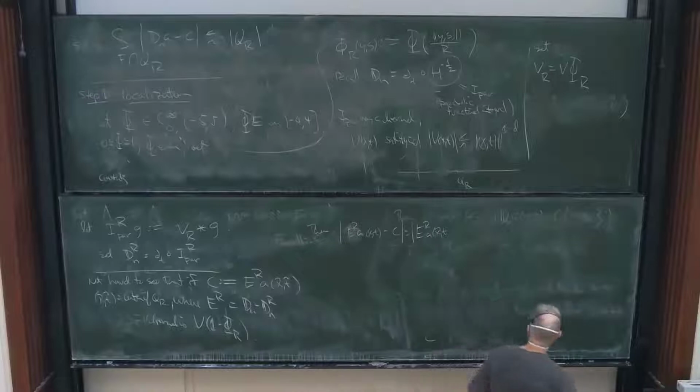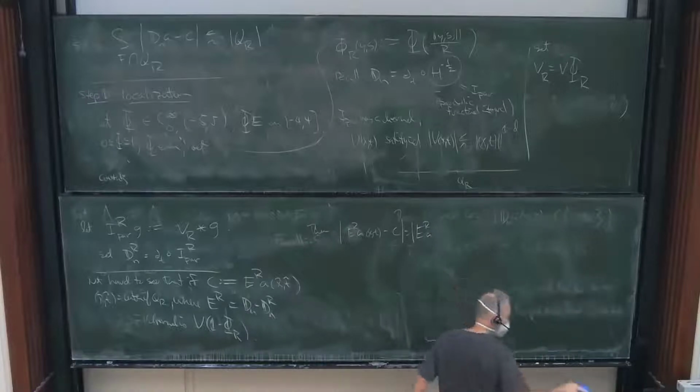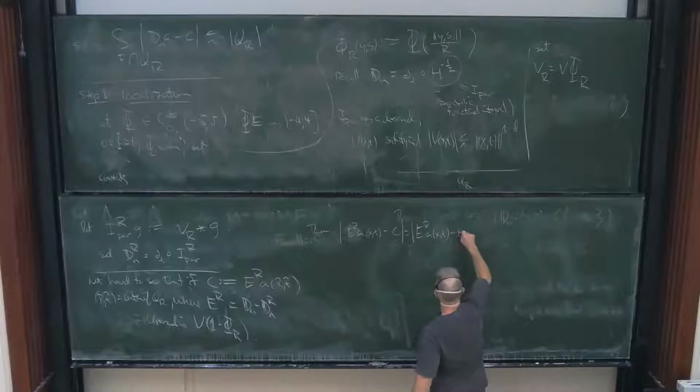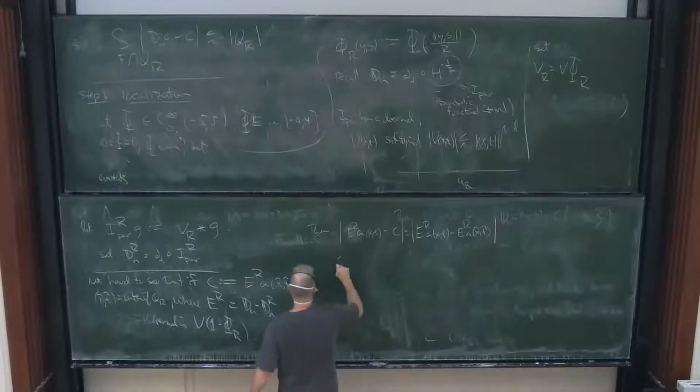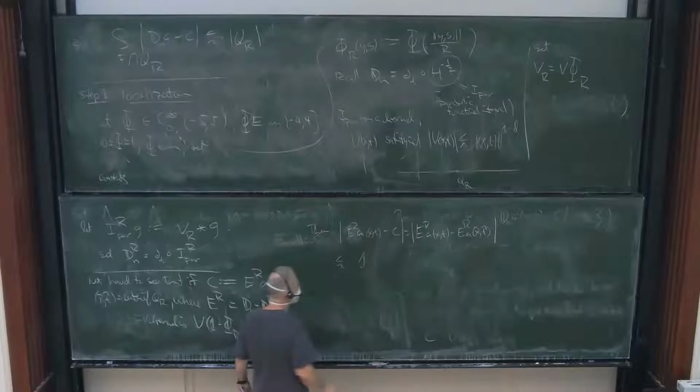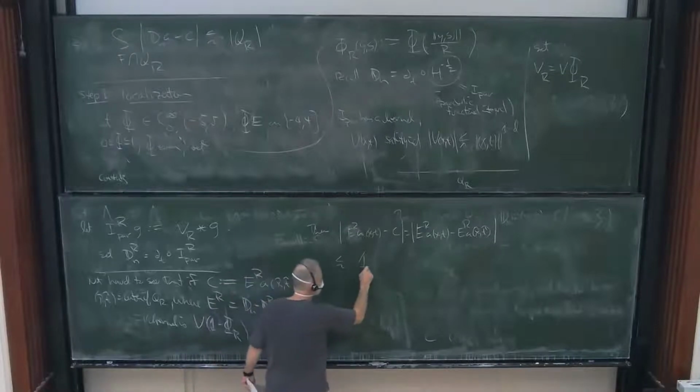That's not what I meant to write. ERA of (x, t) minus ERA of (x tilde, t tilde). This is going to be just bounded by a uniform constant, depending on the usual suspects.